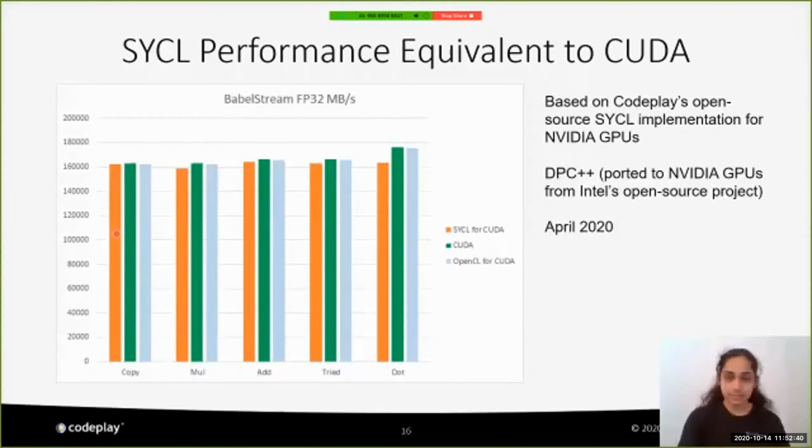The orange bars represent the performance of SYCL, or the bandwidth obtained by SYCL for CUDA, which is the backend that we wrote for DPC++. The green bars represent the actual CUDA performance for each of these benchmarks, and the blue represents using OpenCL on the NVIDIA GPUs. Again, as you can see, the SYCL for CUDA, even though these are just initial numbers, is as good as native CUDA applications, or is within 5% of the performance.